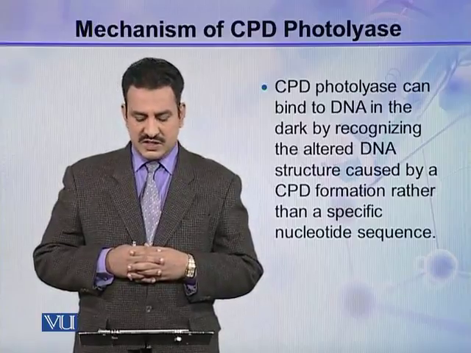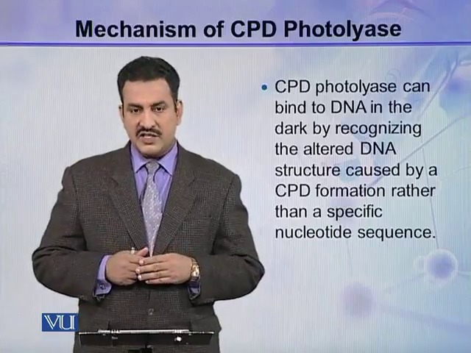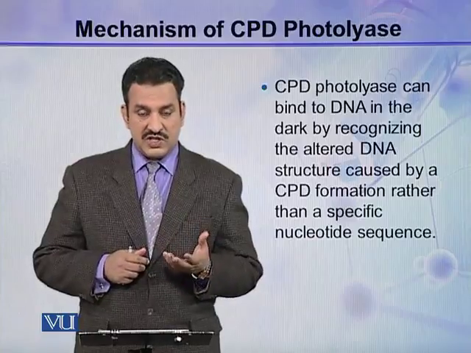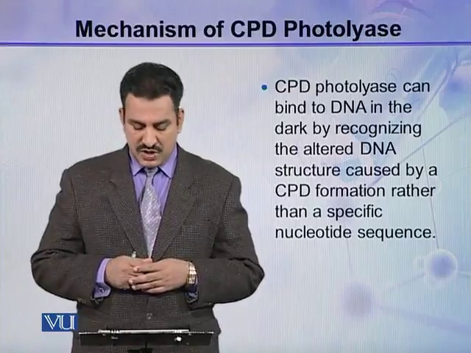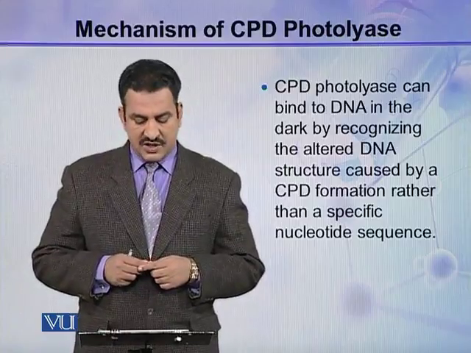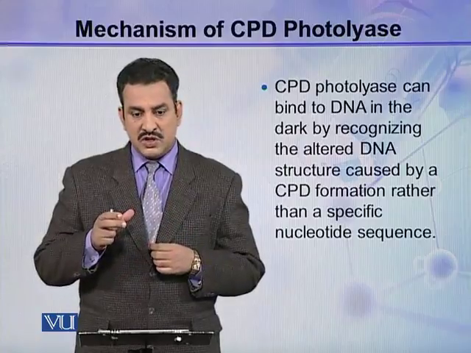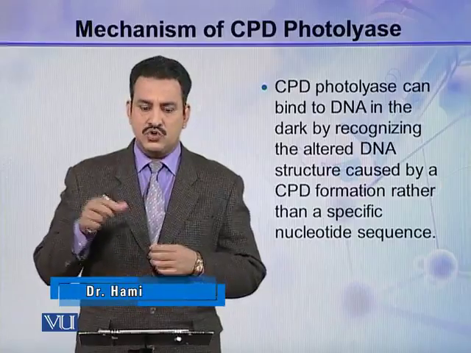CPD photolyase can bind to DNA in the dark by recognizing the altered DNA structure caused by cyclobutane pyrimidine dimer (CPD) formation, rather than a specific nucleotide sequence. So these enzymes do not identify the sequence of DNA to bind.